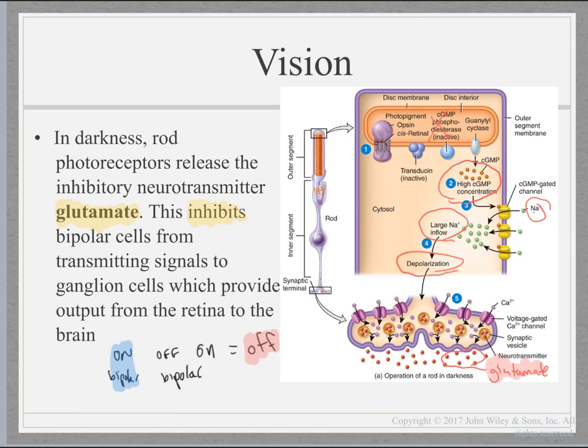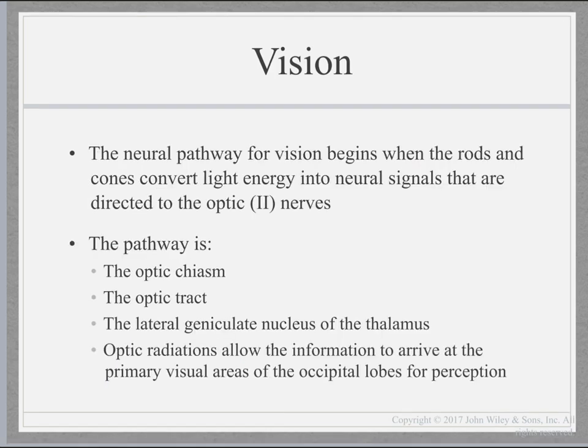One of the last things to talk about with regards to vision is the neural pathway. What happens after rods and cones convert light energy into neural signals and direct them to the optic nerves?